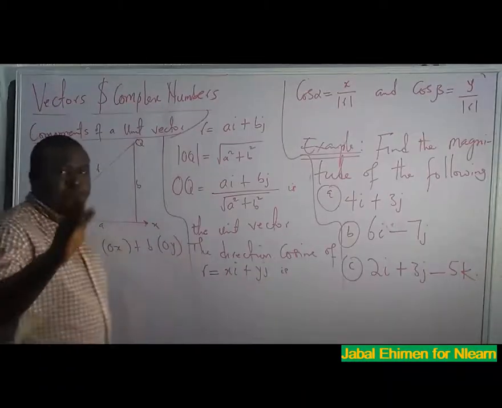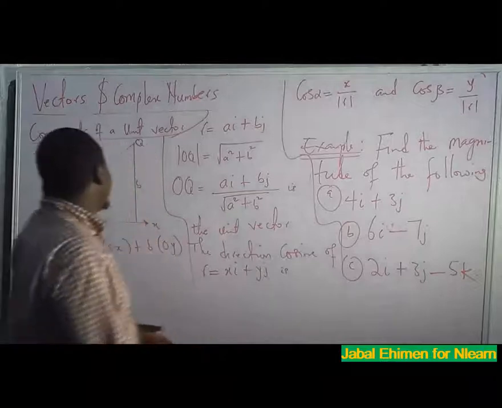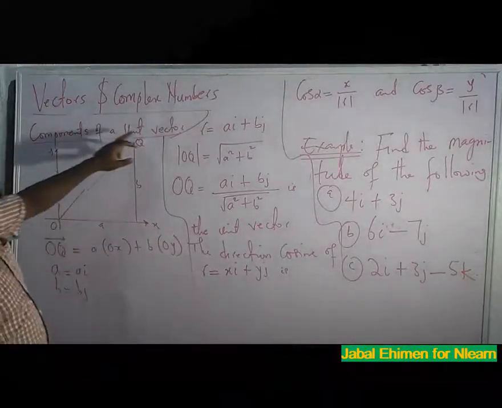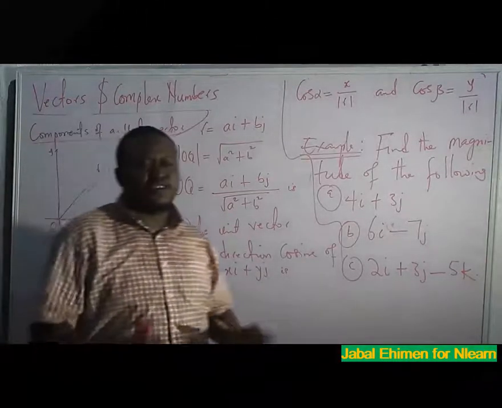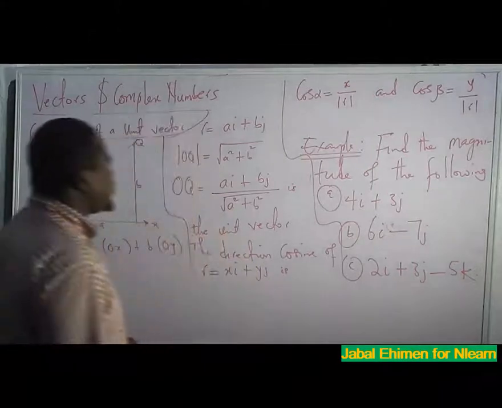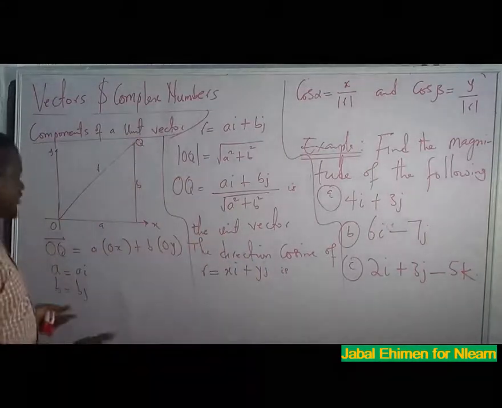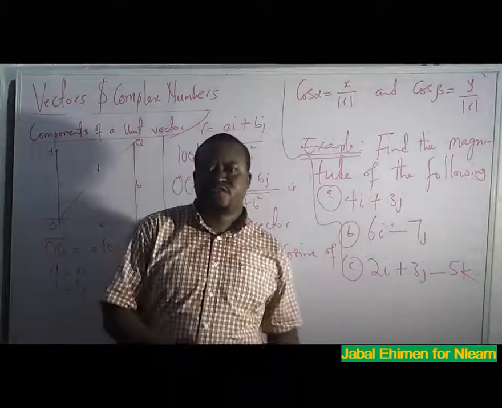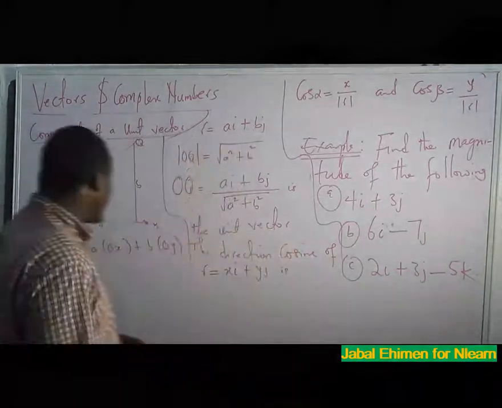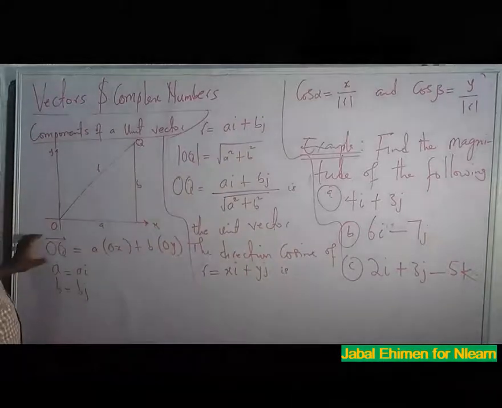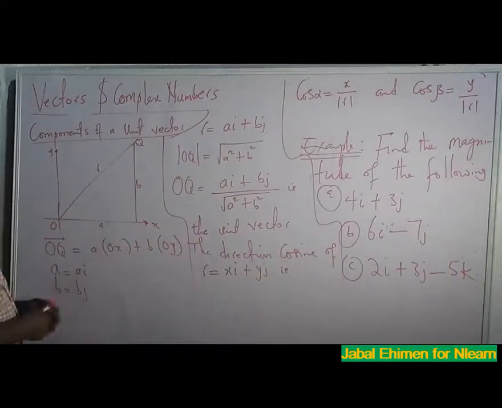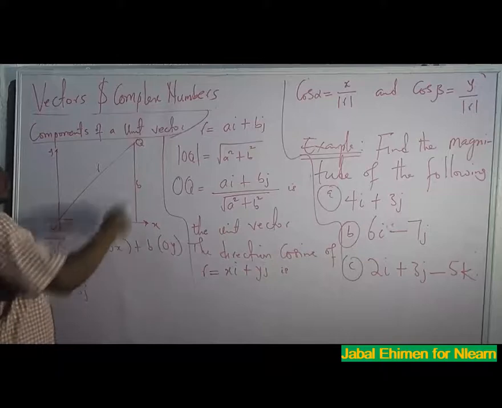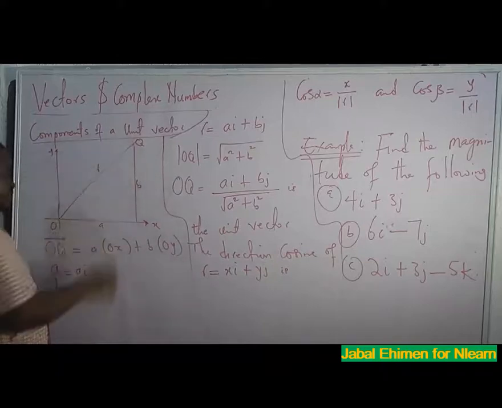Now, we've considered that. So we'll continue from vectors. Now, let's talk about components of unit vectors. Components of unit vectors are as simple as the direct vectors we talked about initially. You discover that if these two vectors combine together, the resultant is an arrow.